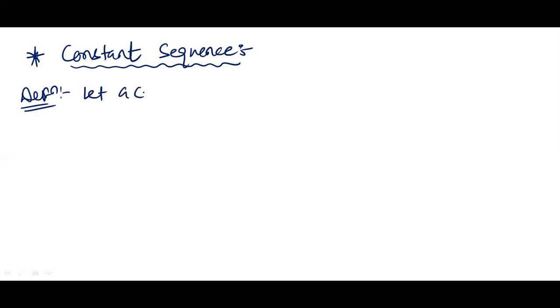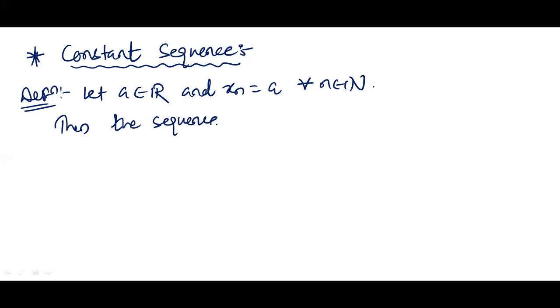Let a be a real number and xn is equal to a for all n belonging to N. And then the sequence xn is: first term is a, second term is a, third term is also a, fourth term is also a, and so on.